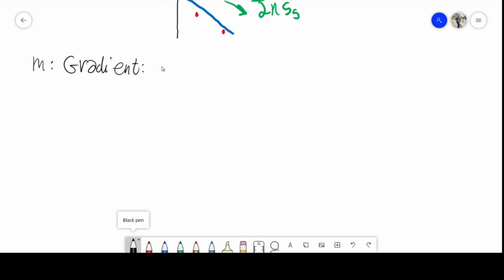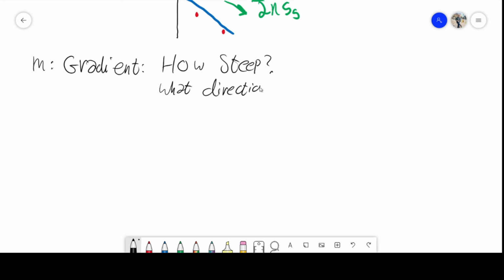That is, it tells us how steep, so in what increments are we going up or down? In the first instance, we are going up in ones, and in the second, we are going down in fives. So we know how steep it is, and we also know in what direction. Again, in the first instance, we were going uphill, and in the second instance, we were going downhill.